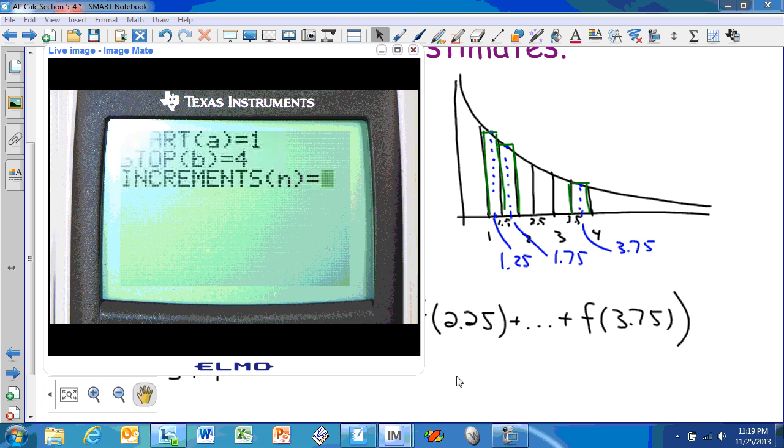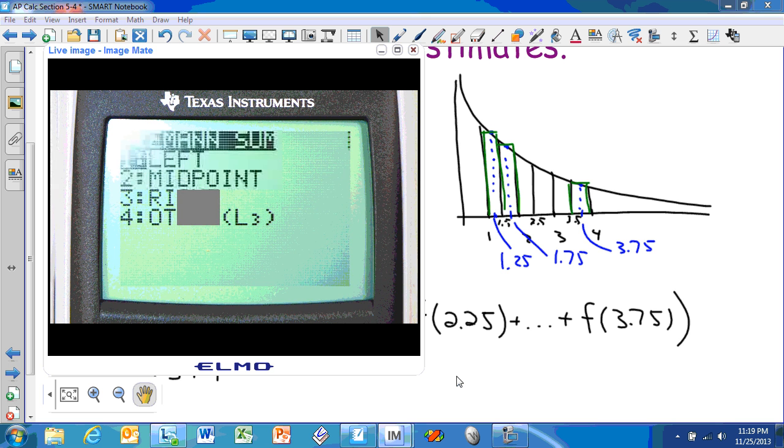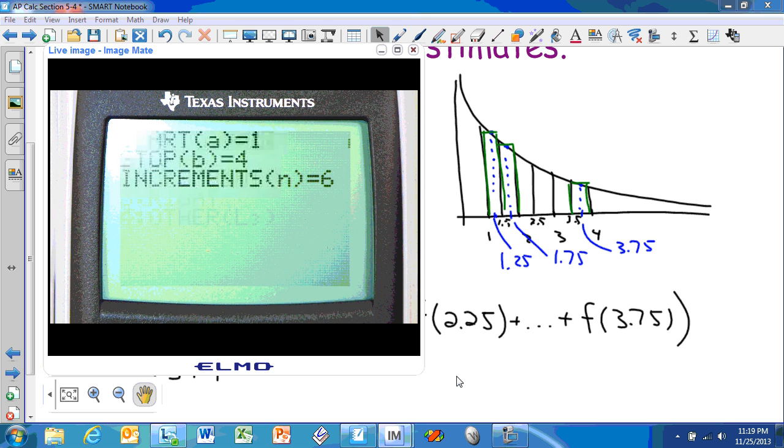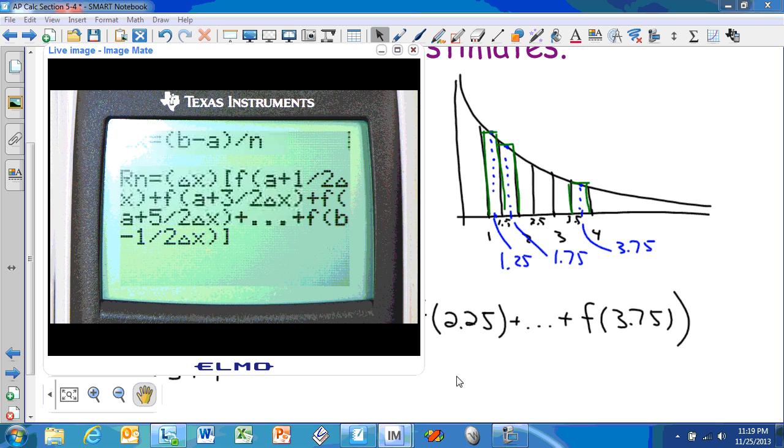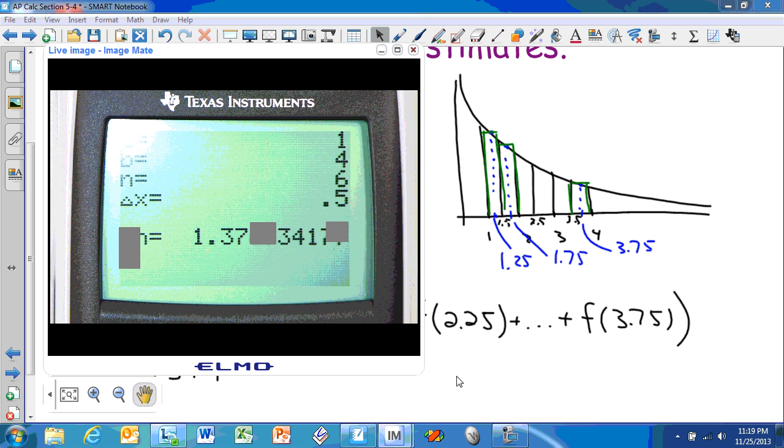Put in the actual starting and ending values, not the midpoints that we were using. We want to use 6 increments or 6 rectangles, however you want to describe that. And we're calculating a midpoint Riemann sum, so use option 2 here for midpoint. And when we run that, it gives us again the little formula that shows us what we're actually calculating. But here's the result. Notice we get the same result there.